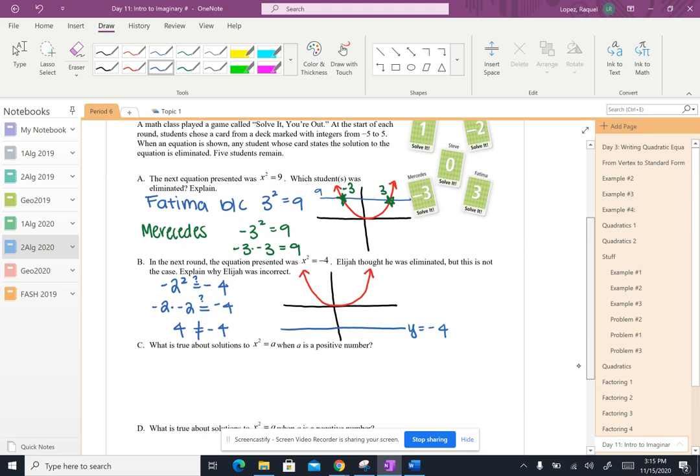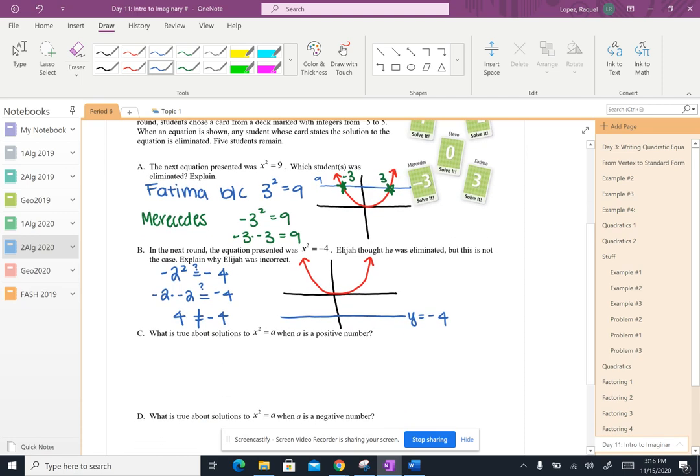Now in part C, they want us to summarize. What is true about solutions to x squared equals a when a is a positive number?